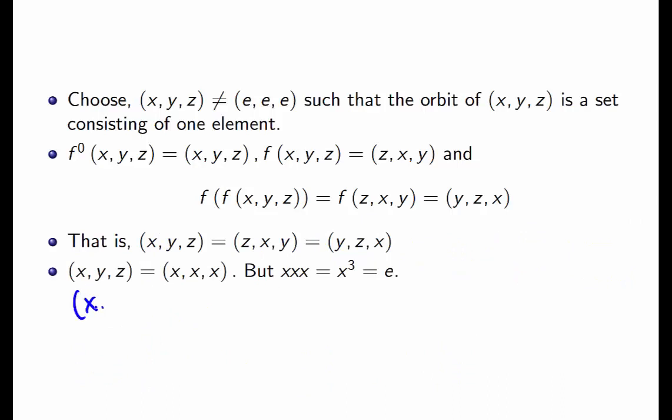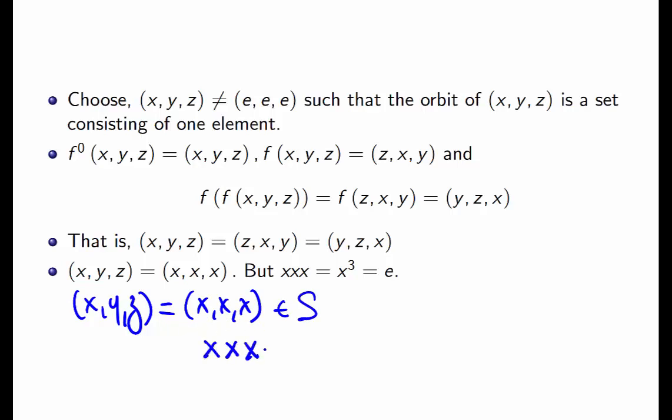Now, we saw that xyz is x, x, x, but because this element is in S, then if we multiply x times x times x, that's x cubed, and that has to be in E. And x is not the identity element. So we have just found one non-identity element of order 3.